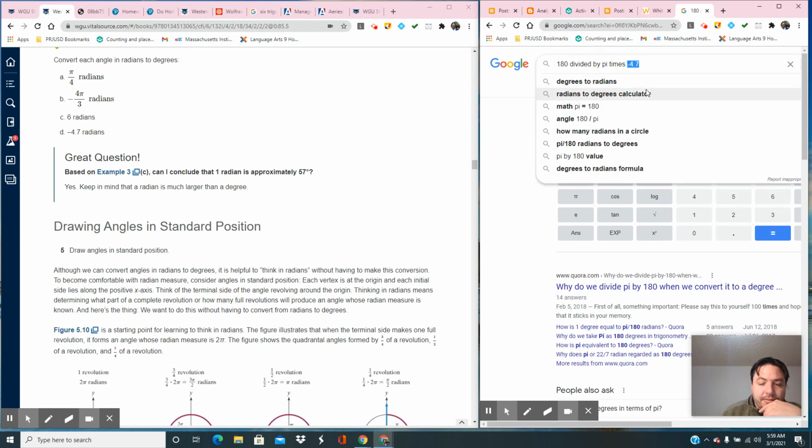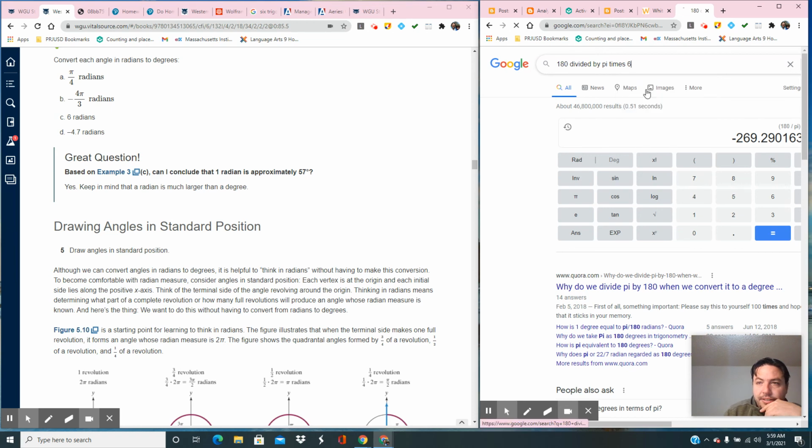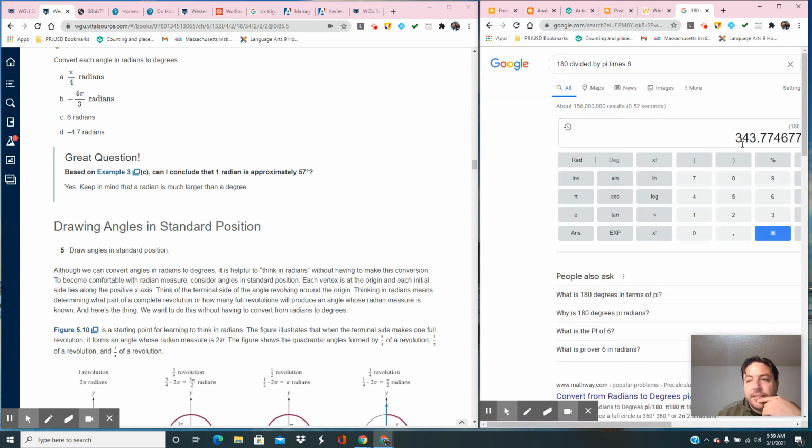Go back to that. Times 6 gave us 343.8, that's almost 344. So 360 minus 344 is 16. 16 divided by 6.